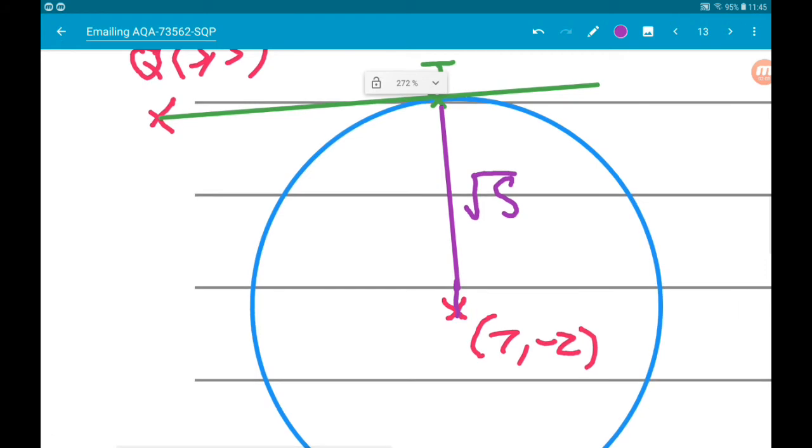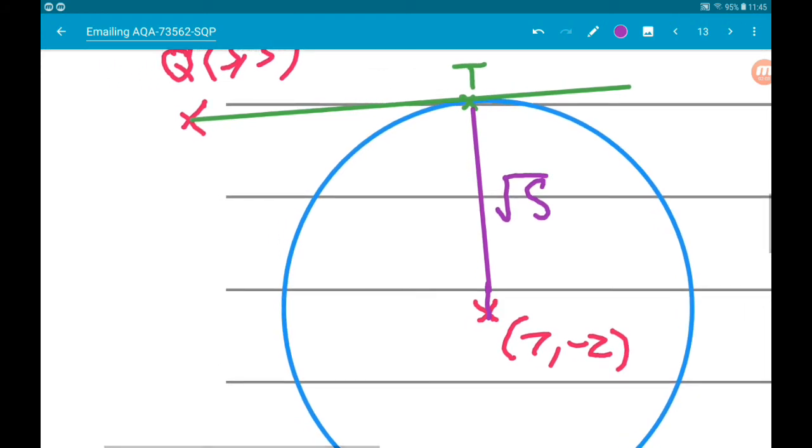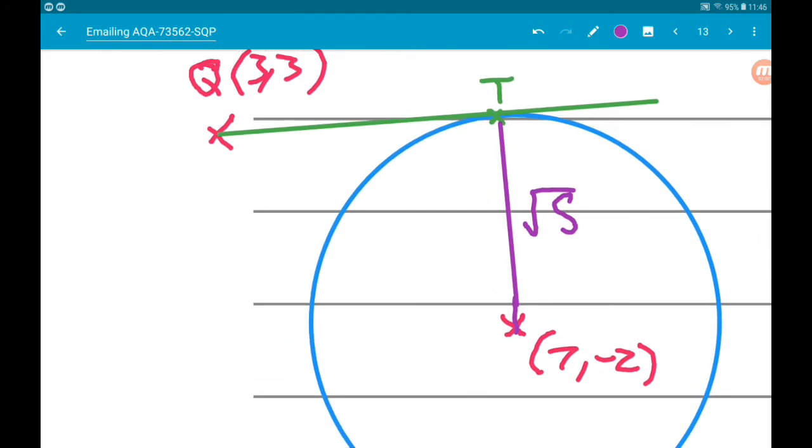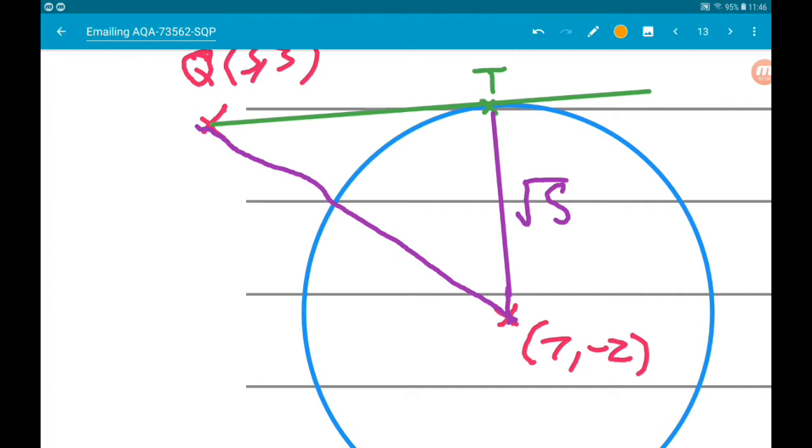Now, we also could work out the distance from Q to the centre. How? Well, we know the height.